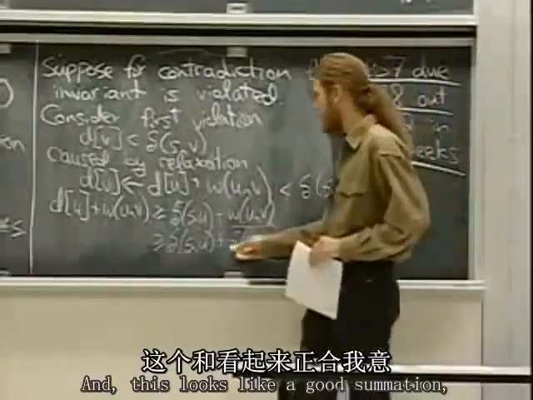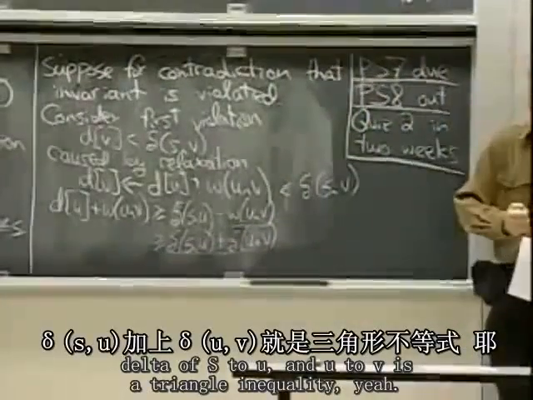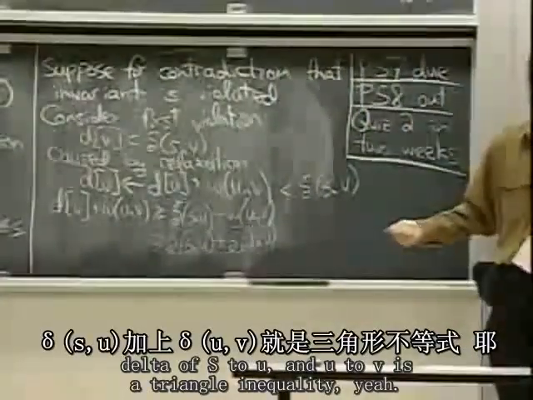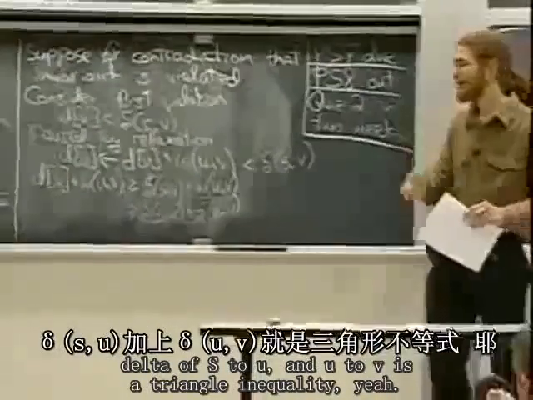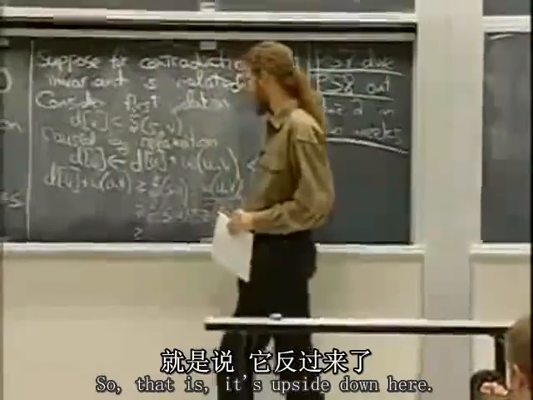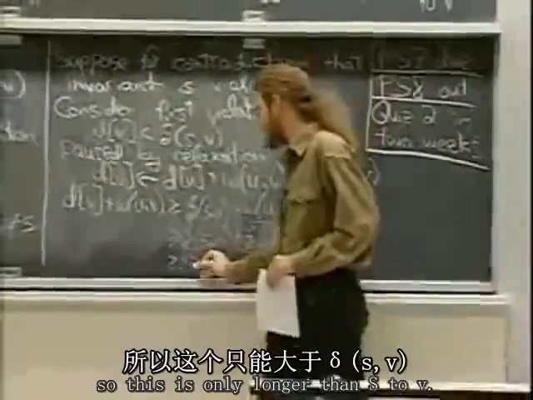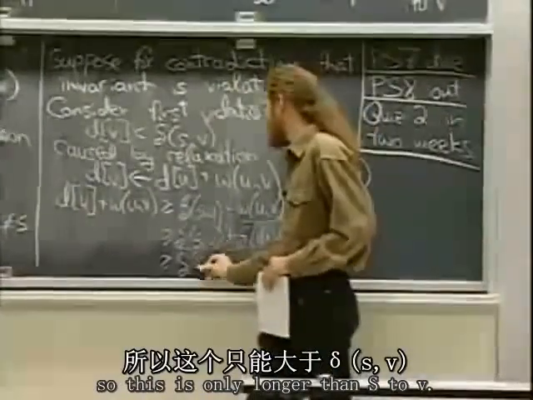And this looks like a good summation: delta of s to u and u to v is triangle inequality. It's upside down here, but the triangle is s to u, u to v. So this is only longer than s to v.